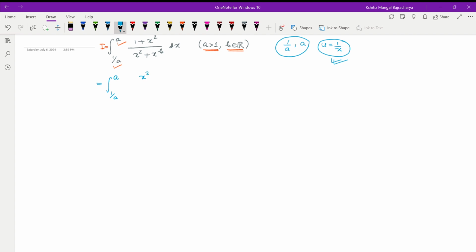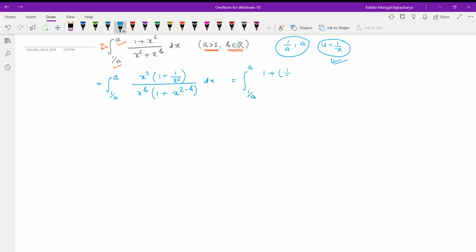Let's cancel out the x squared from here, and let's cancel out x to the power b from the denominator. We will get x raised to the power 2 minus b dx. So what we are getting is the limits of integration, they don't change for now, at least.